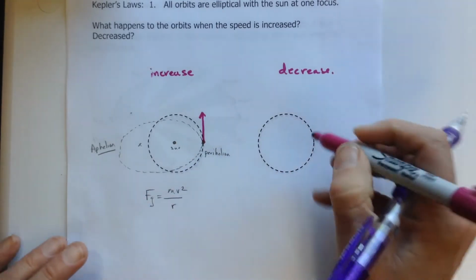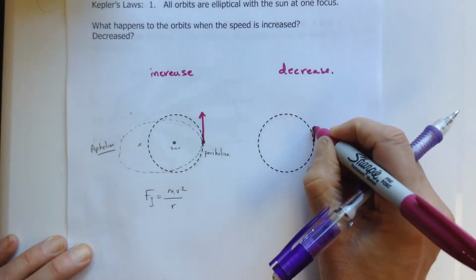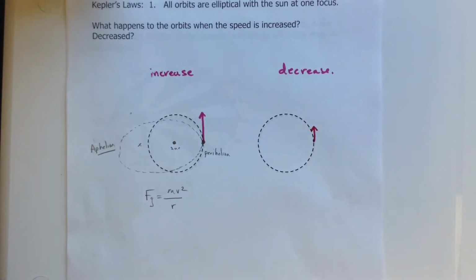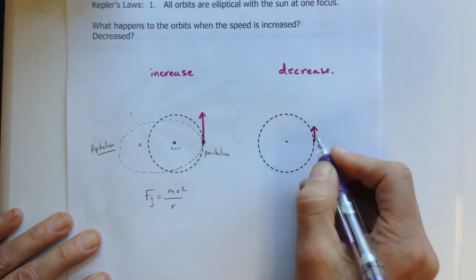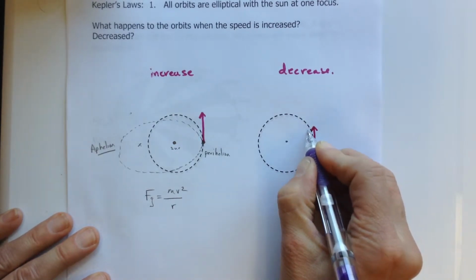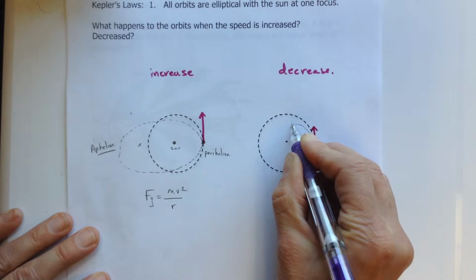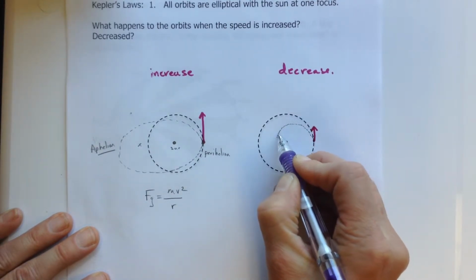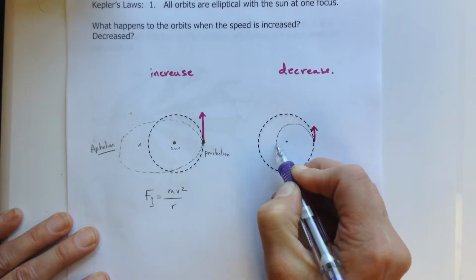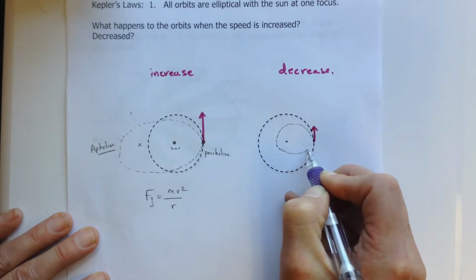The second premise here is what happens if we decrease the speed. Well, if we think again about circular motion, it doesn't have enough speed to maintain that circular orbit, so it's going to start to fall into the sun. As it begins to fall into the sun, because it's getting closer to the sun, the force is increasing, which actually causes it to speed up. So it's going to get a new elliptical orbit, and that's not such a great ellipse.